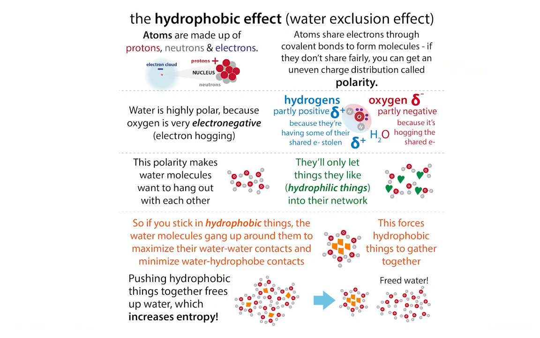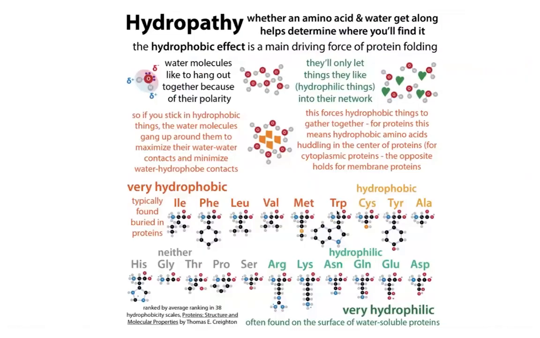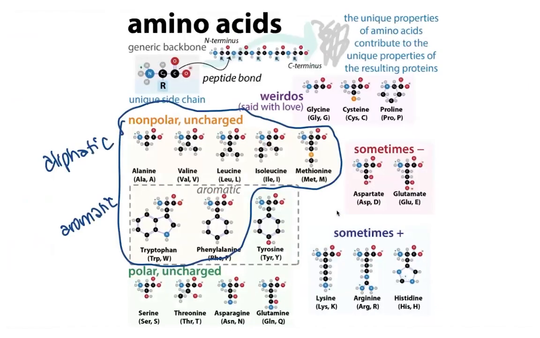And so we'll see that the nonpolar amino acids are going to get clustered into the center of the protein, with the hydrophilic, polar ones on the outside. And this is going to be a driving force for protein folding, this hydrophobic effect, which is why I was emphasizing it so much in the previous video. And so I'm talking about our alanine, our valine, our leucine, our isoleucine, methionine, tryptophan, and phenylalanine.